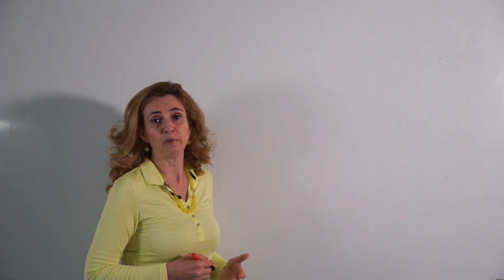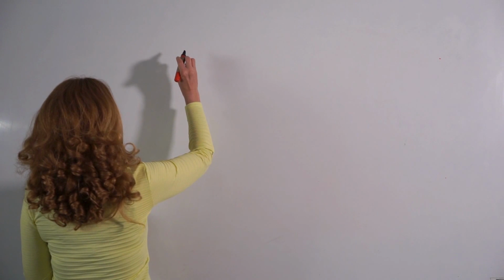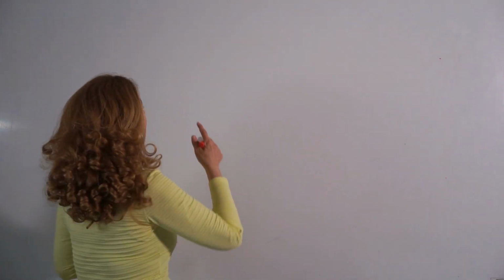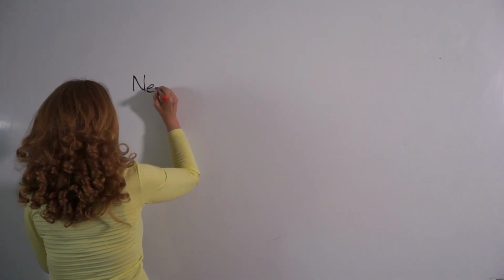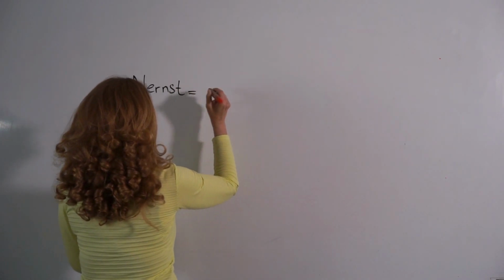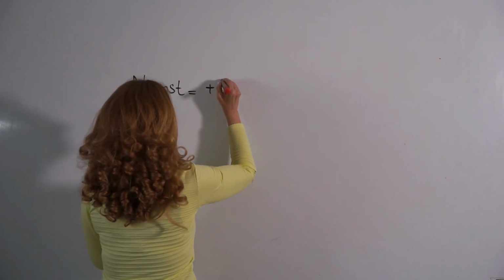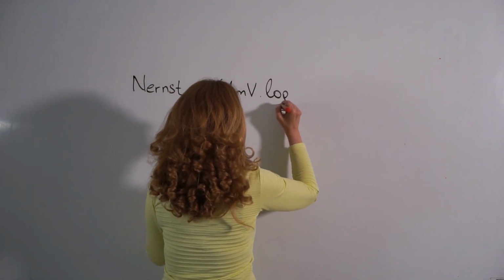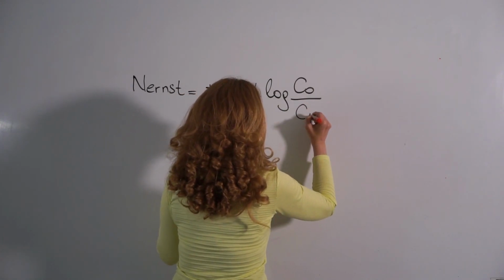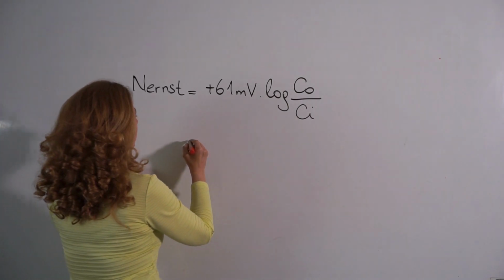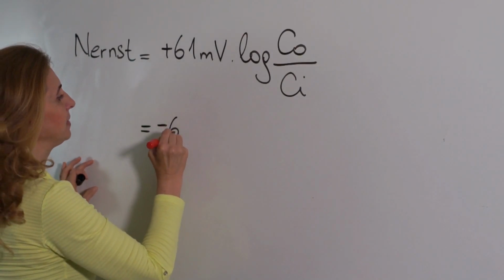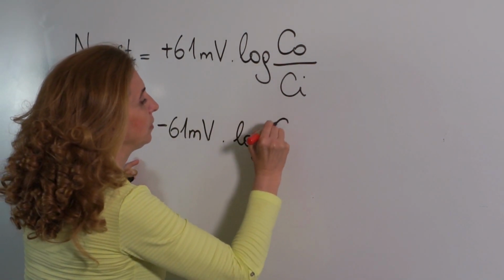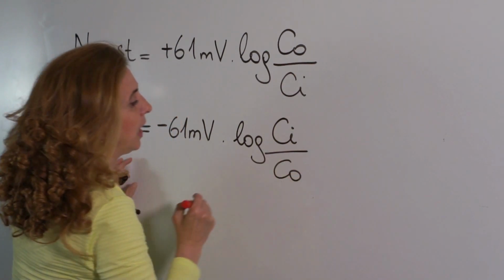So if we look at the simplified formula again, for a positively charged ion, which was potassium in our example, the Nernst potential equation can be written as plus 61 millivolts multiplied by the logarithm of the ratio concentration outside over inside, or the formula can be written as minus 61 millivolts times the logarithm of concentration inside over outside.